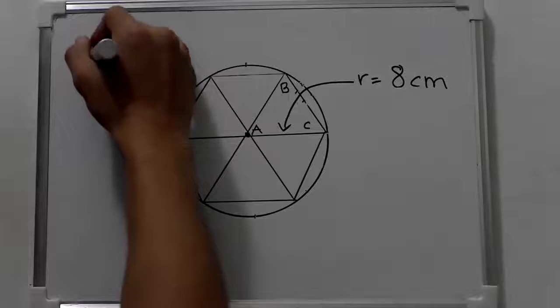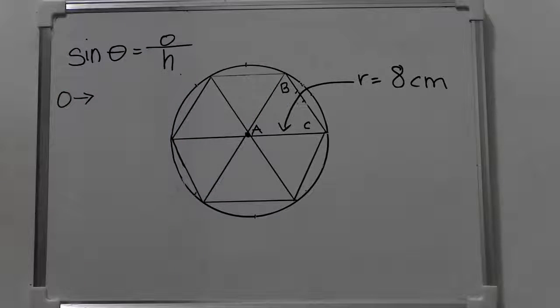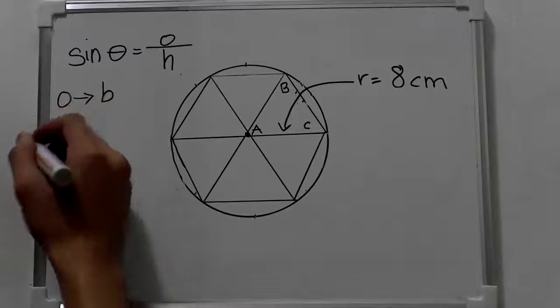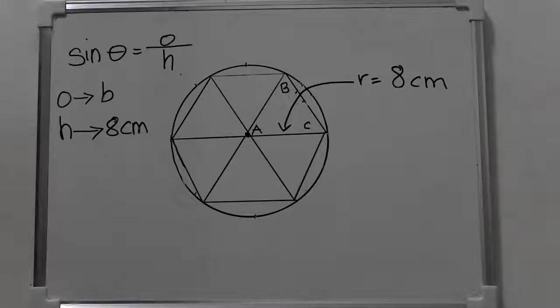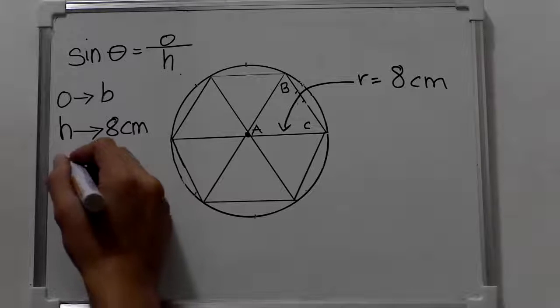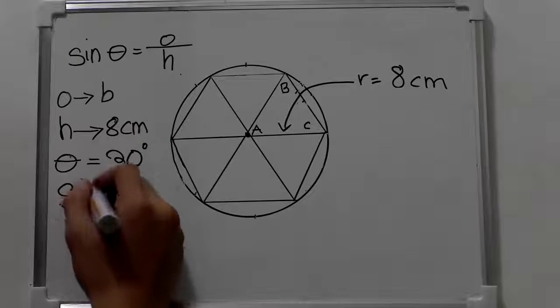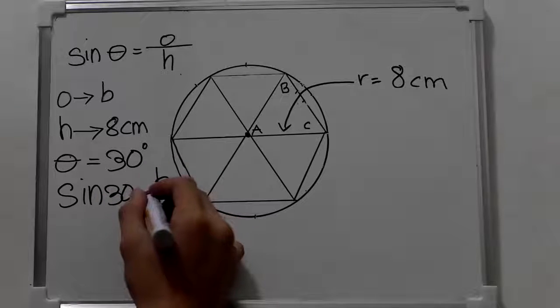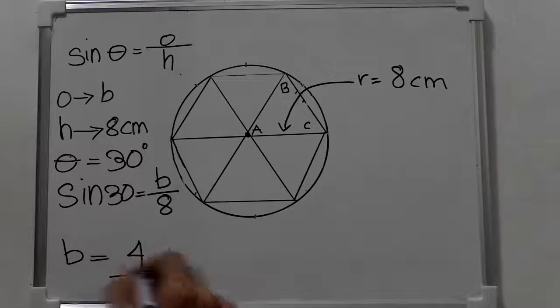We will use sine theta is equal to opposite over hypotenuse. Our opposite side is our base, and our hypotenuse is 8 cm. So sine 30 is equal to base over 8. And our base is equal to 4.